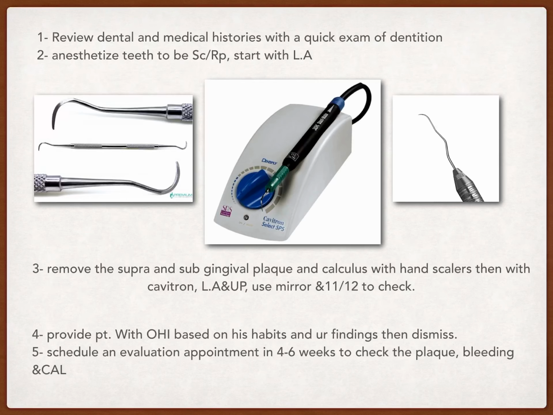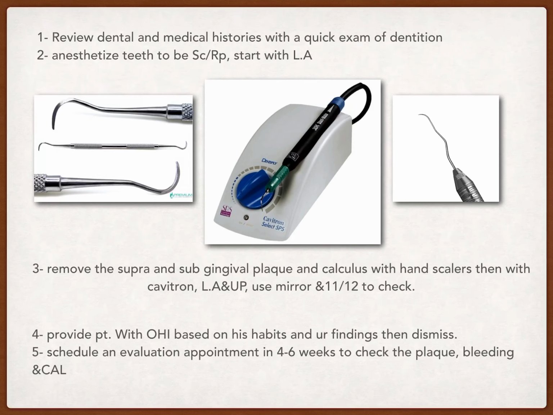The third step is to remove the supra and subgingival plaque and calculus with hand scalers first, and then with Cavitron or with Cavitron only. That is by starting from the interdental papilla, plaque, and calculus, and breaking the other plaque and calculus areas.